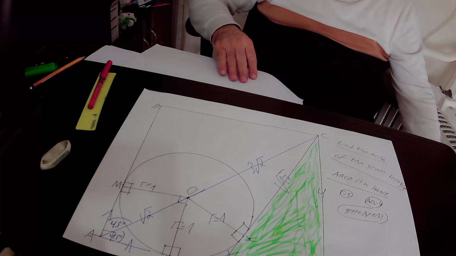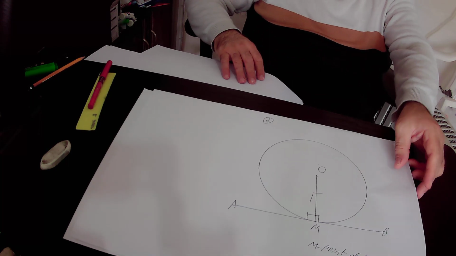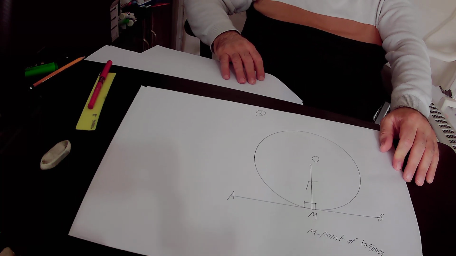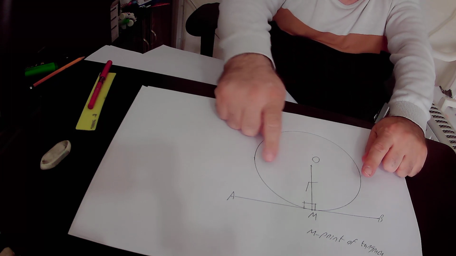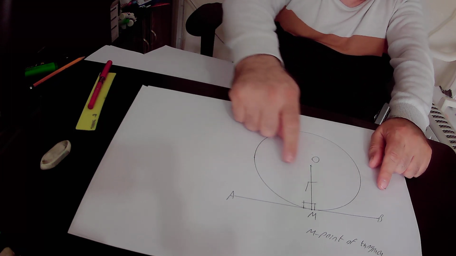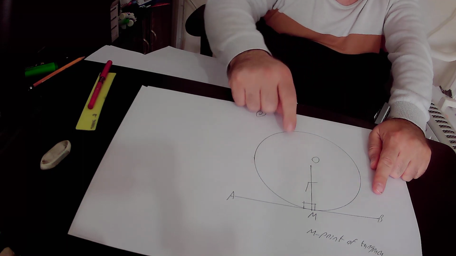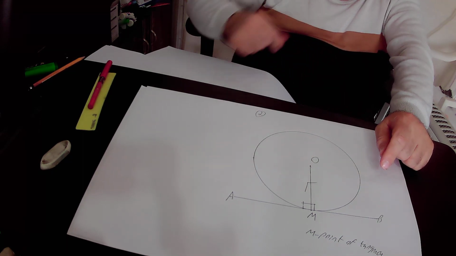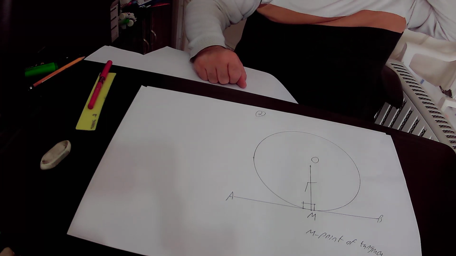The meaning of rule number 1 is that if you have this circle and you have tangent AB to this circle, tangent AB is tangent to this circle at point M. Point M is the point of tangency of tangent AB with this circle. And we have also this radius that is drawn to the point of tangency.